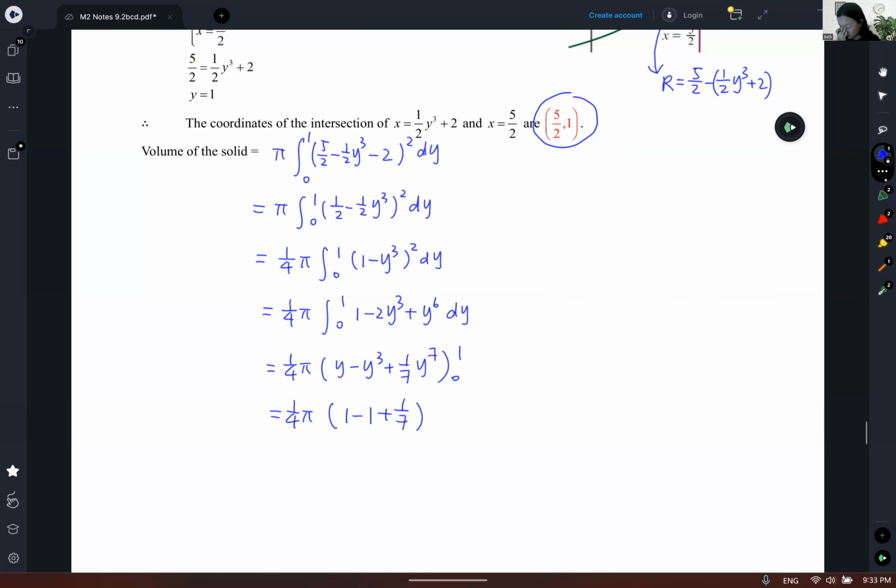Square, no problem. 6, no problem. 3, no problem. 1 over 4, no problem. 9 pi over 56. What is a 9 pi over 56? Pi r squared. Yes.